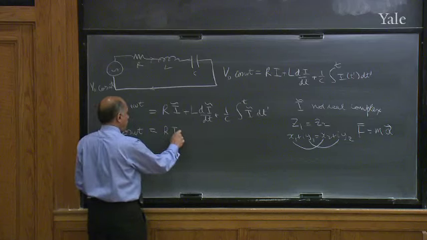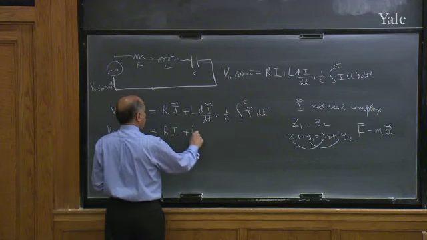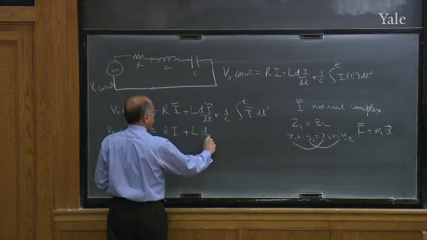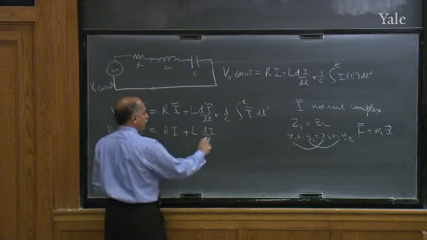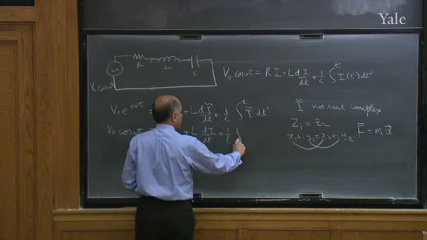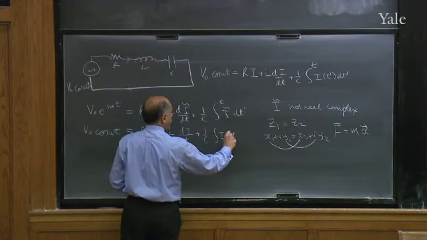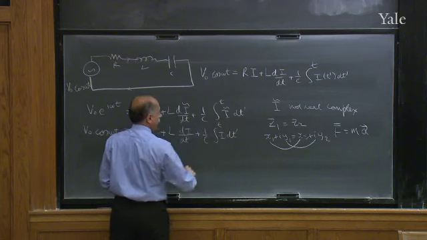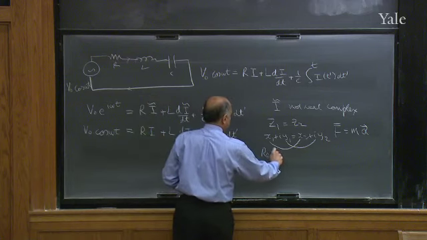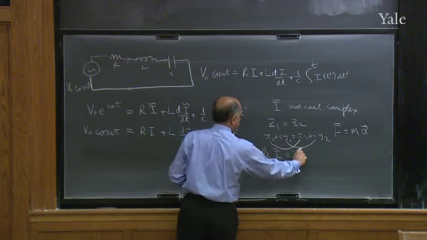Let me just call that guy I. Then I should take L times the derivative of the real part of I twiddle, which I want to call I. Then 1 over C times the integral of the real part of I twiddle. The real part of I twiddle I want to call I. In other words, let the real part of I twiddle be called I.